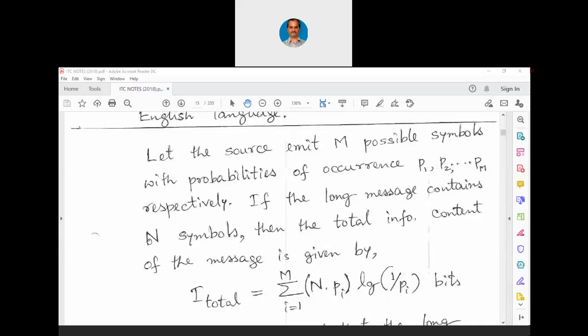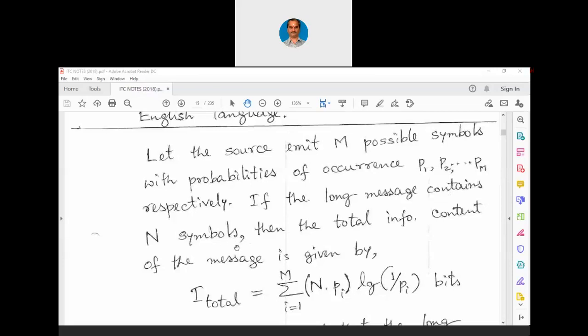For example, let me count the number of alphabets here itself. "If" is containing 2, then space, "the" is containing 3, then space, then "long" is containing 4, then space, then "message" is containing 7, then space, then "contains" is 8. "N", then space, "symbols" is again 7.